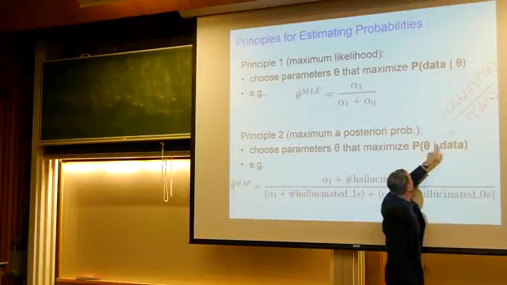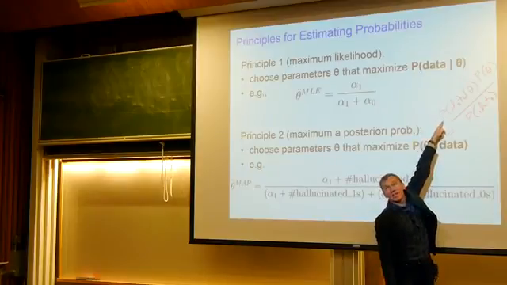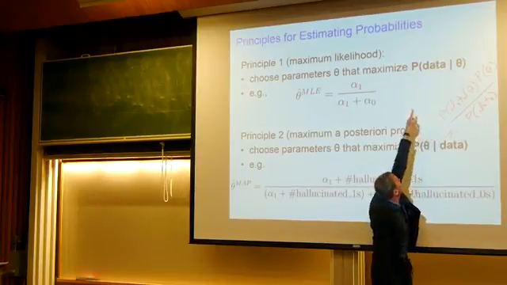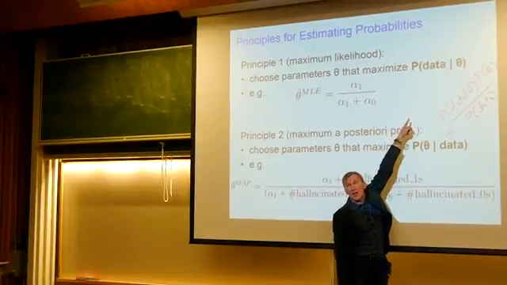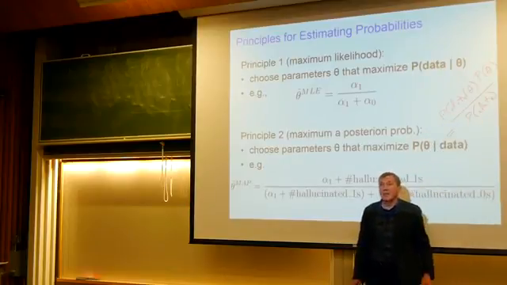By the way, you notice right away that the bottom here doesn't even involve theta. So if we want to maximize this, all we really need to do is maximize the numerator. And the numerator is just the maximum likelihood quantity that we were trying to maximize, but now multiplied by a prior.